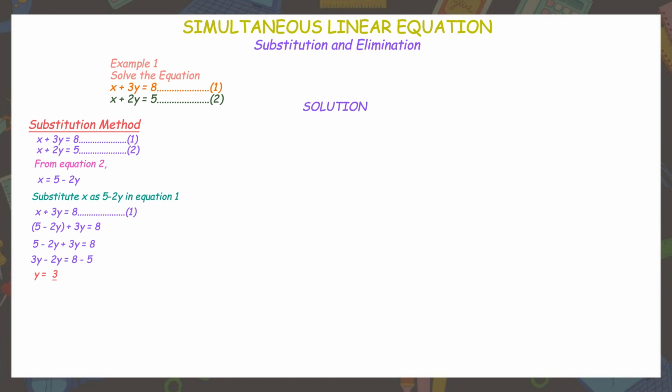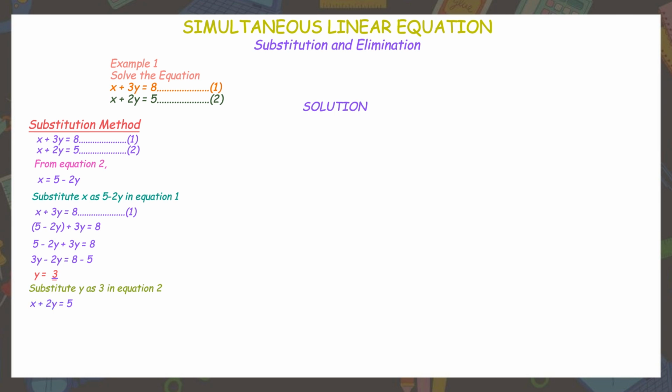Now we substitute y as 3 in equation 2. What do we have in equation 2? We have x plus 2y equal to 5.